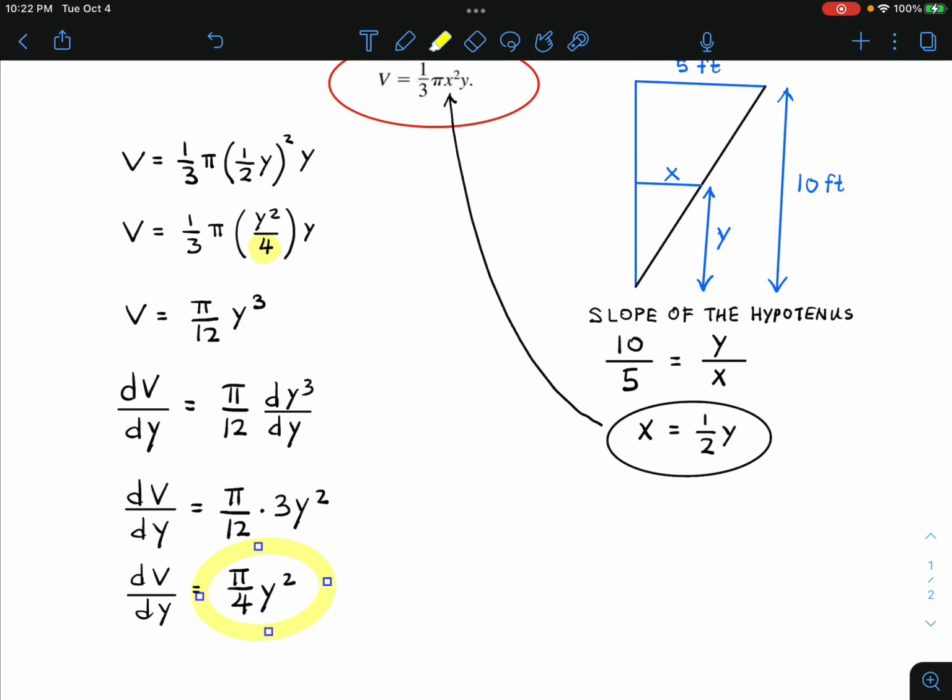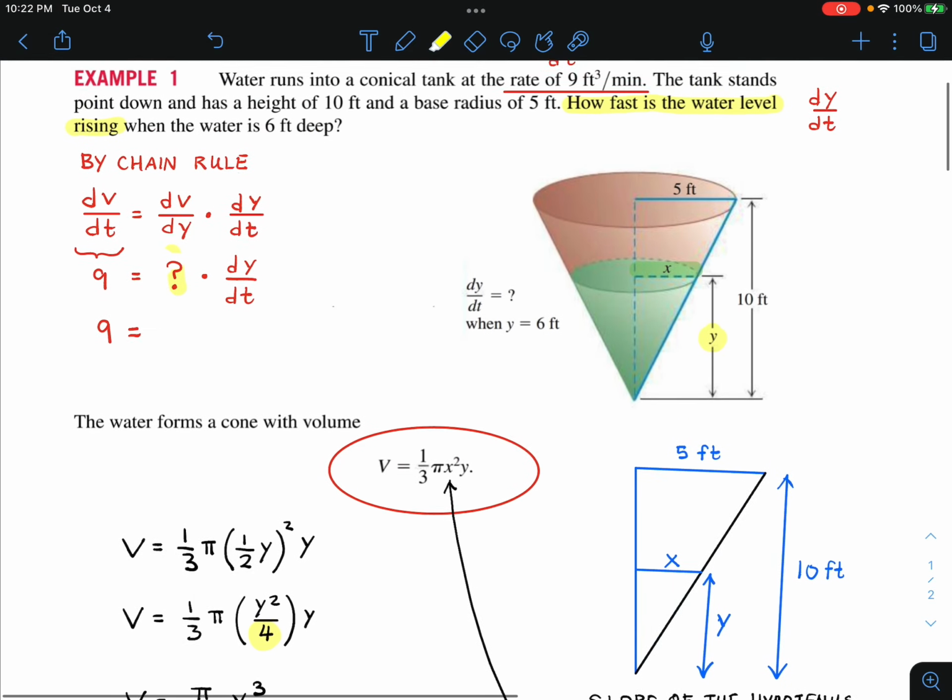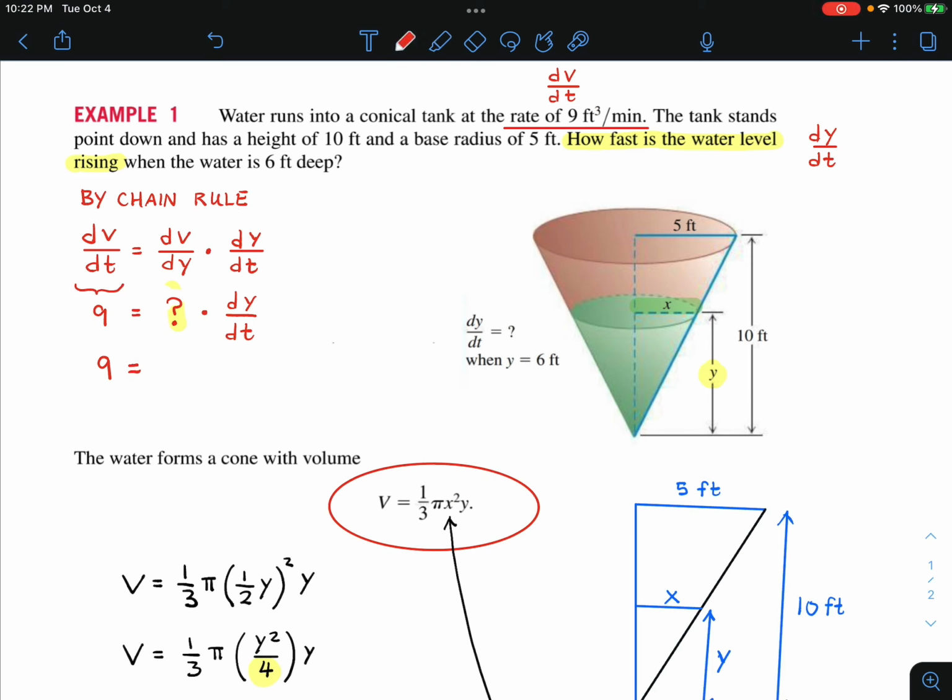So let me put that in, followed by dy/dt. So solving for dy/dt will enable us to finally answer the question of how fast the water level is rising.